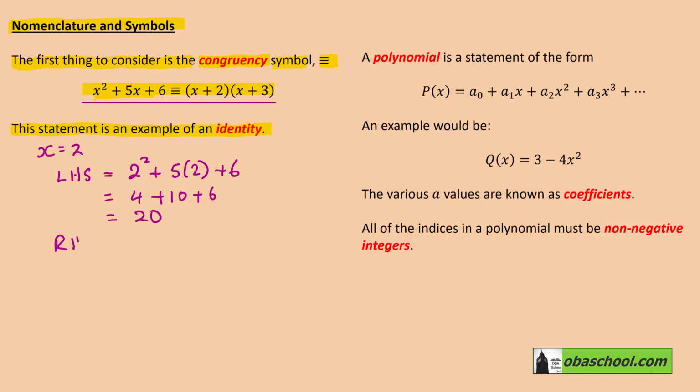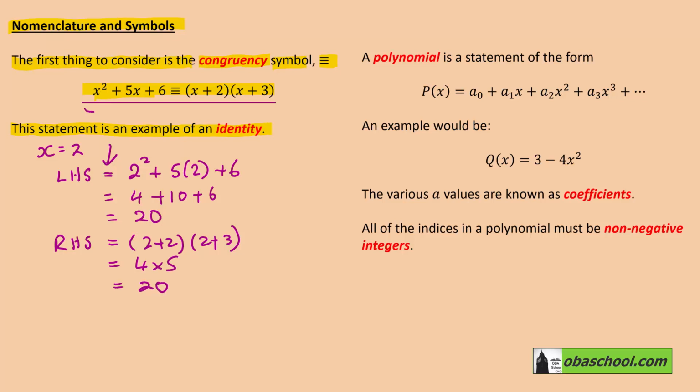Now think about the right-hand side. The right-hand side, if x is 2, would be equal to, and I do mean equals with all of these, (2 plus 2)(2 plus 3), which is 4 times 5, which is 20.